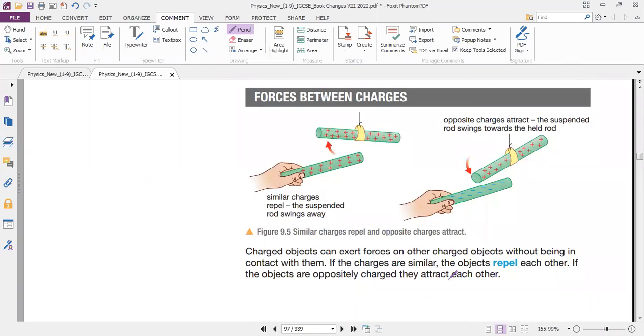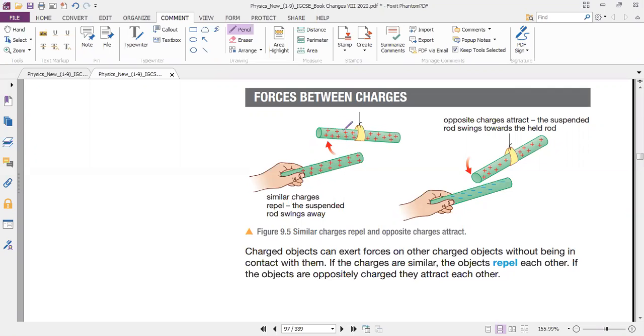Now look at this. The plastic rod is positively charged. Now if you bring closer another plastic rod of similar charge, this plastic rod is hung or suspended by a thin thread, and another plastic rod is brought closer, similar charges repel.